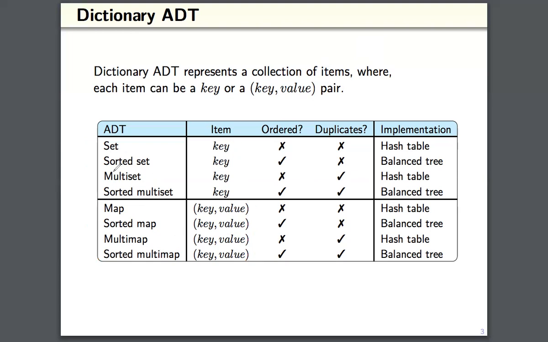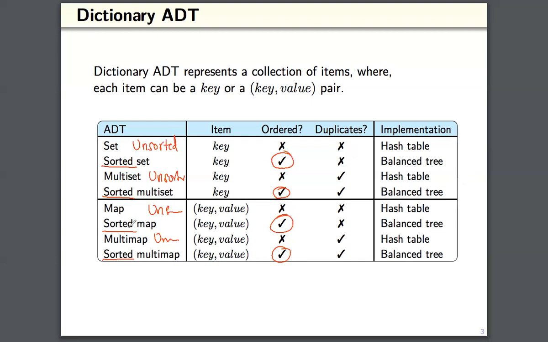Then, sorted and unsorted. We use the keyword sorted here, here, here, and here. When we don't use that keyword, it automatically means unsorted. Sorted means the items are ordered.